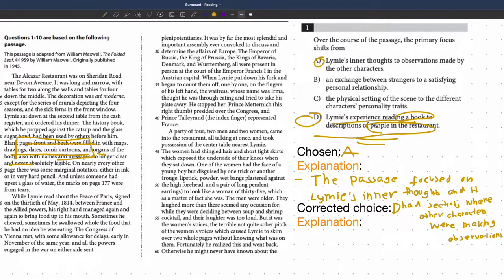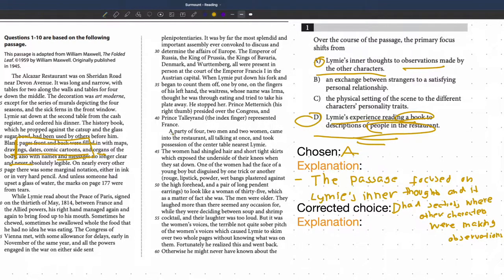However, we must also explore the other part of the answer choice, to descriptions of people in the restaurant. Let's compare this to the observations made by the other characters. After you read this forwards, you can see that there aren't any observations made by the other characters.